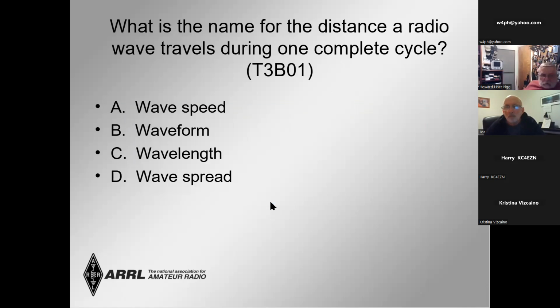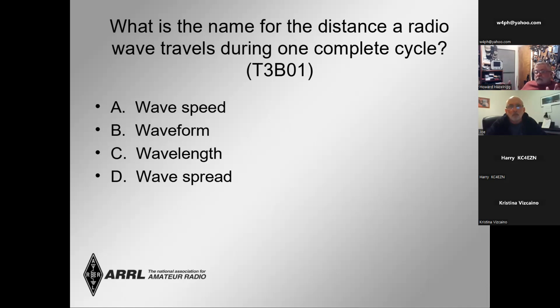And now, these are the questions that will be on the exam. What is the name for the distance a radio wave travels during one complete cycle? In this case, it's a wavelength because, if you look at this, it's kind of a giveaway because you're looking for a distance.